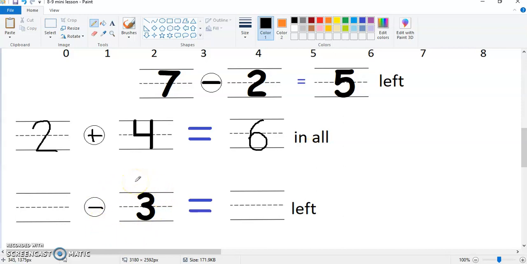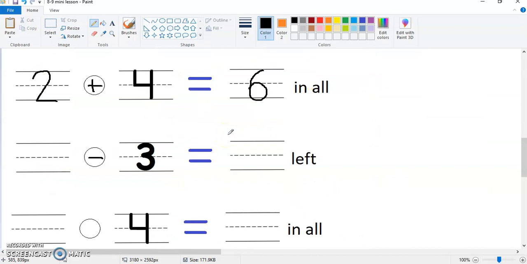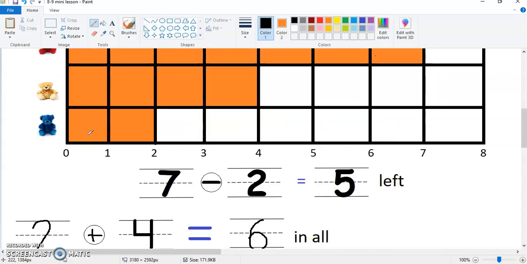But how many yellow bears did we start with? We have to go up here and look. There's 1, 2, 3, 4. 4 yellow bears. So we started with 4 yellow bears. There we go. And we are Xing out 3 of them. 1, 2, 3.